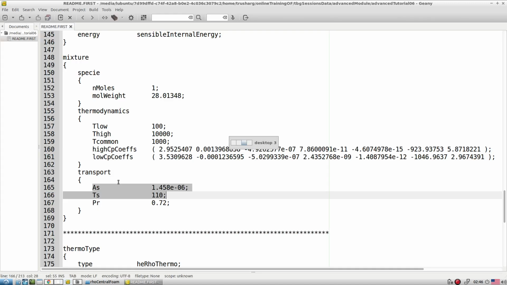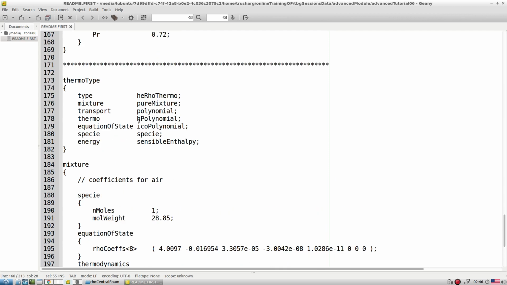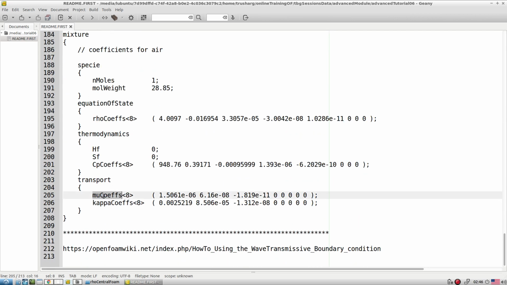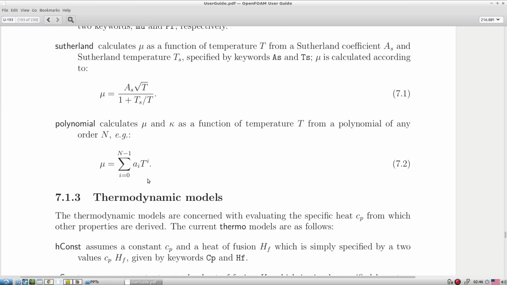So if there is a polynomial base, you have something like this: transport equal to polynomial, then transport mu and kappa, that is k, as a polynomial function. So it is first, second and third order, and as many coefficients as you fill, that many terms of the series you can activate from these equations. That is the idea behind that.